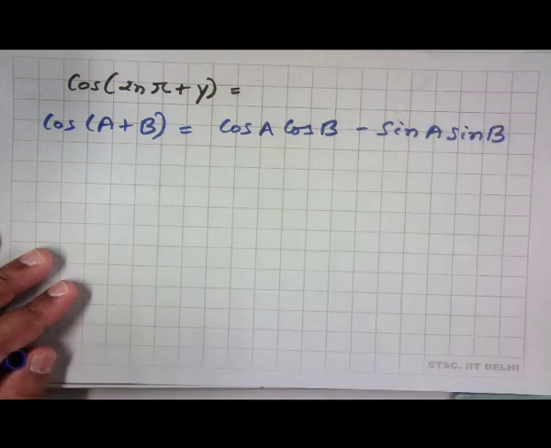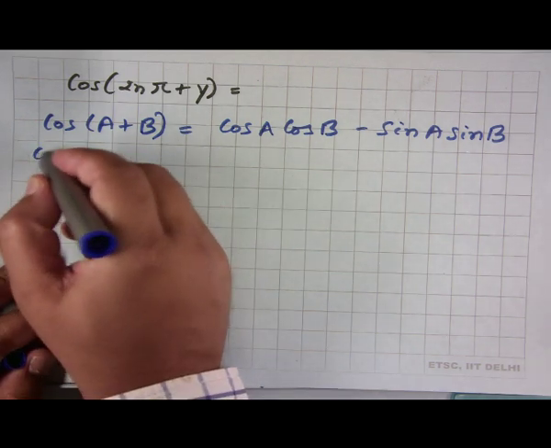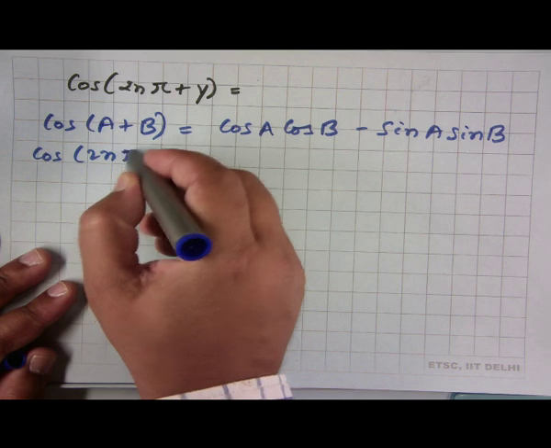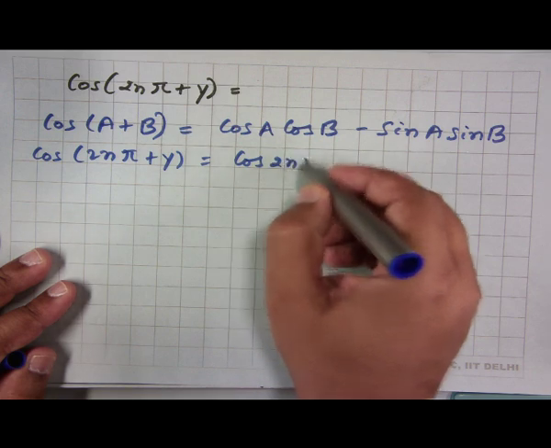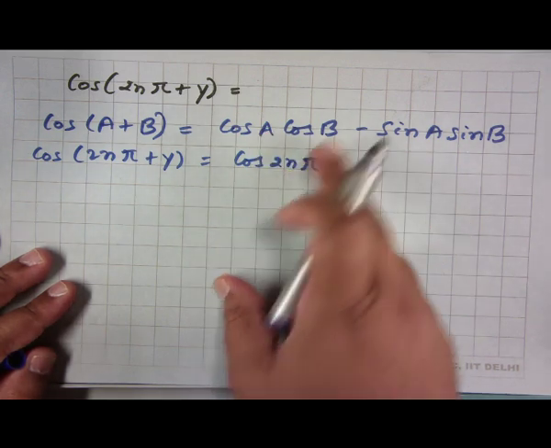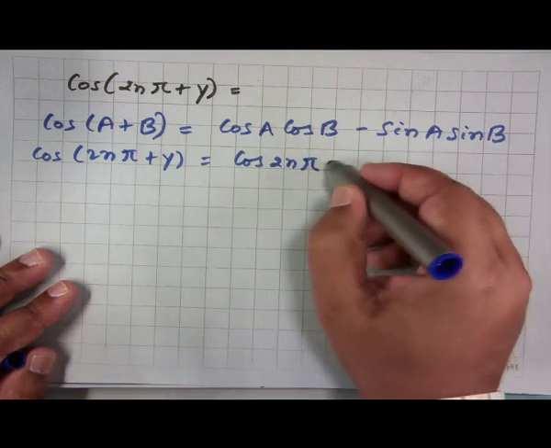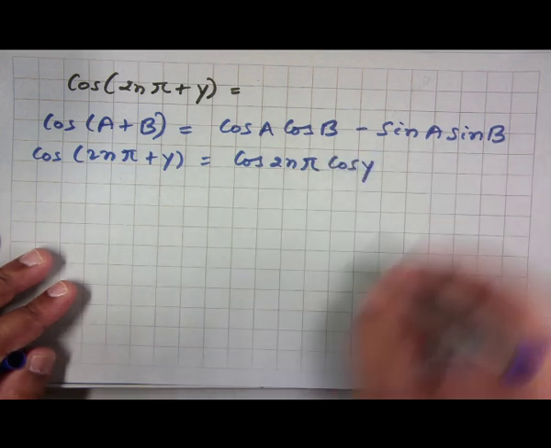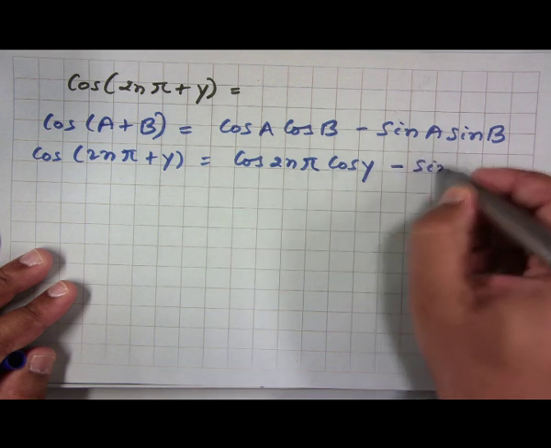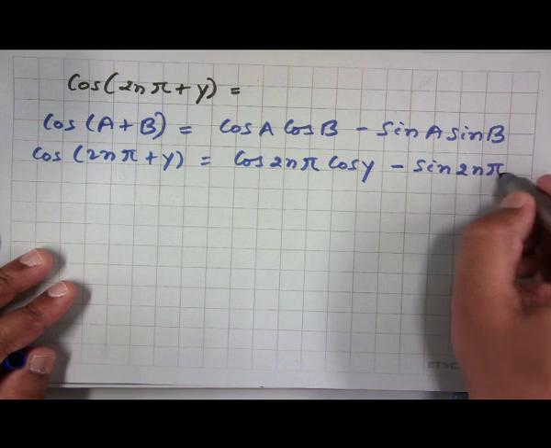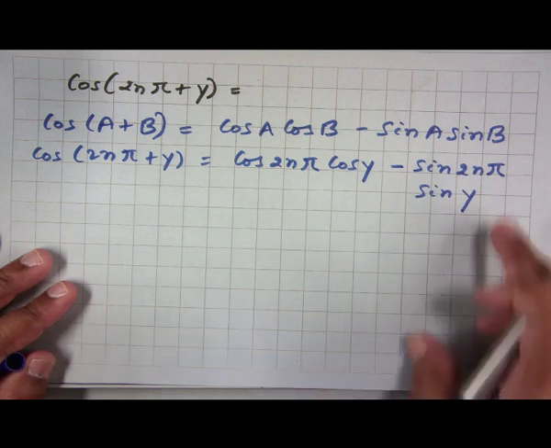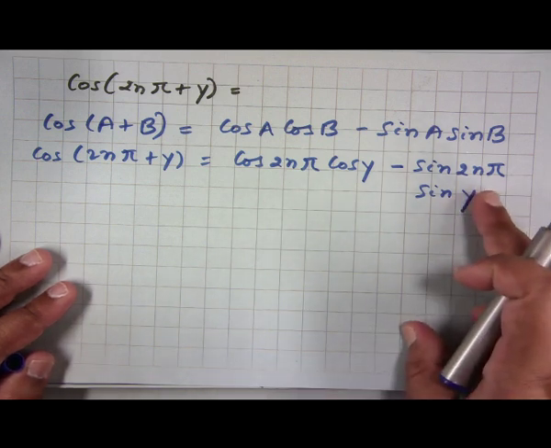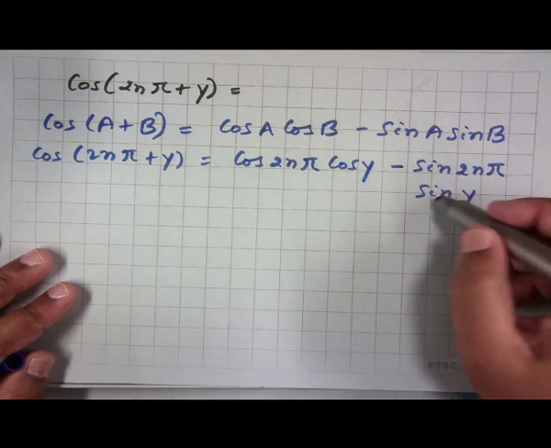So, using that what we get is cos of 2n pi plus y is cos of 2n pi, a equal to 2n pi and b equal to y. So, cos 2n pi cos y minus sin of 2n pi times sin of y. But we know that sin of any integer multiple of pi is 0. So, this term goes to 0.